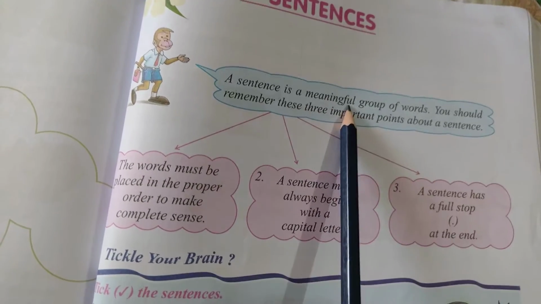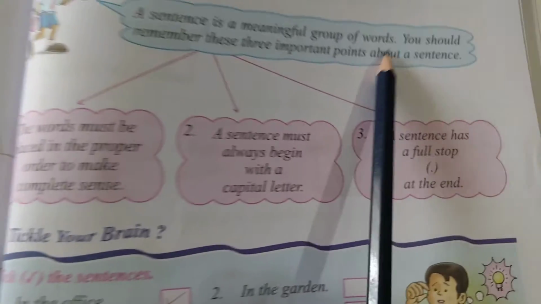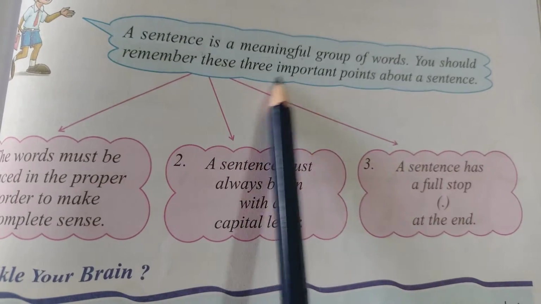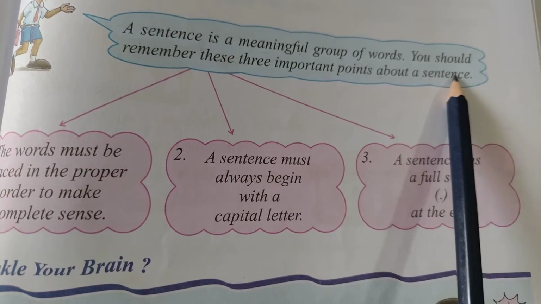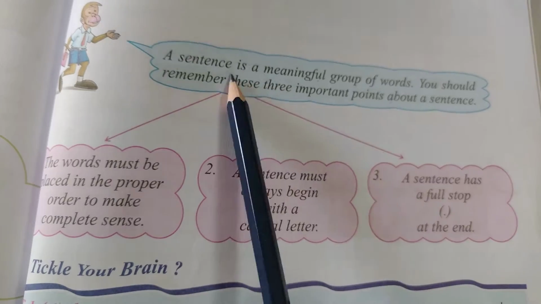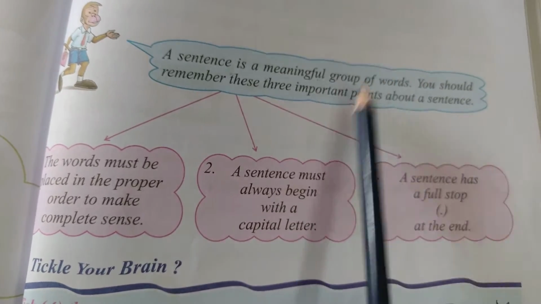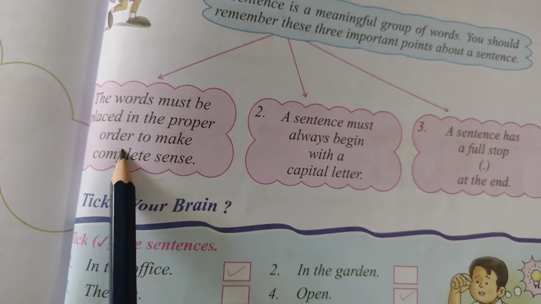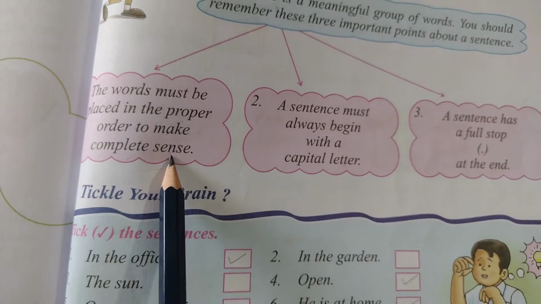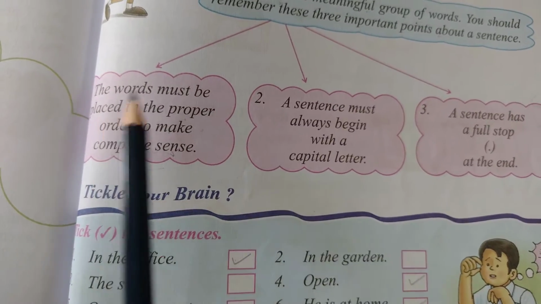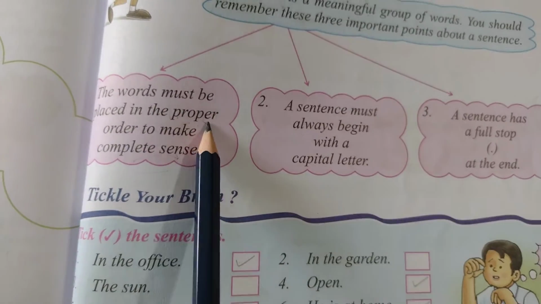For example, here see, a sentence is a meaningful group of words. You should remember these important points about a sentence. What is a sentence? It is a group of words. Now what you have to remember is the words must be placed in the proper order to make complete sense. They should not be in an improper way. They should be in a proper order.